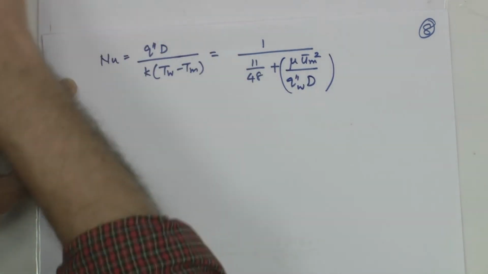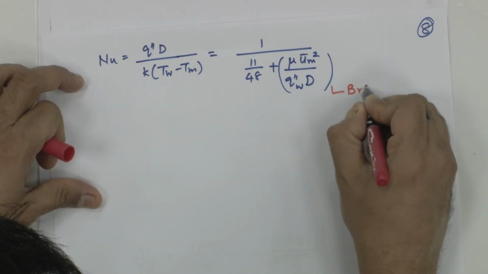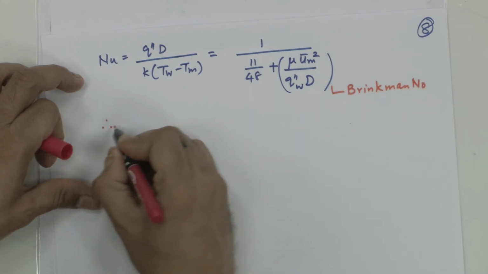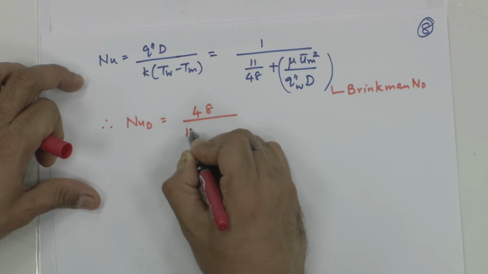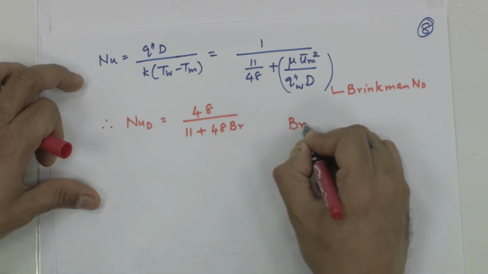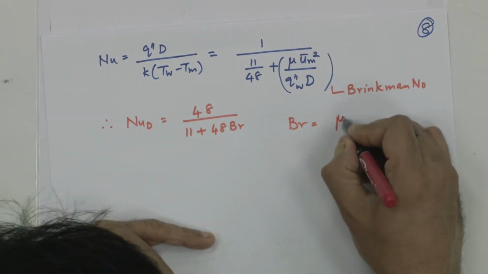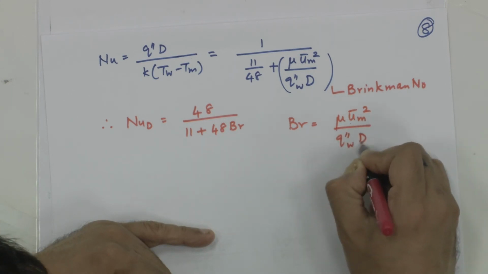This quantity is called the Brinkman number. Therefore, I get Nusselt number is equal to 48 by 11 plus 48 times Brinkman number, where Brinkman number is nothing but mu u_m bar squared by q double prime d.